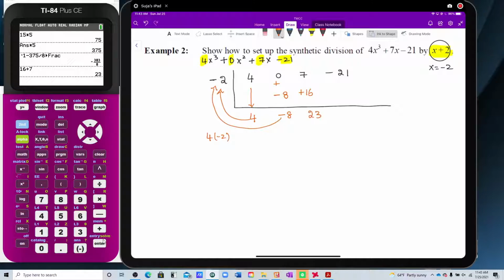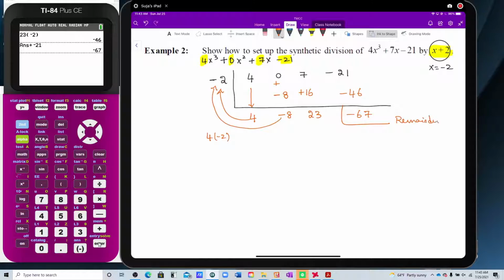Now I go 23 times negative 2, which would be negative 46. Now I'm going to add, so negative 46 plus negative 21 would be negative 67. And this last number is your remainder.